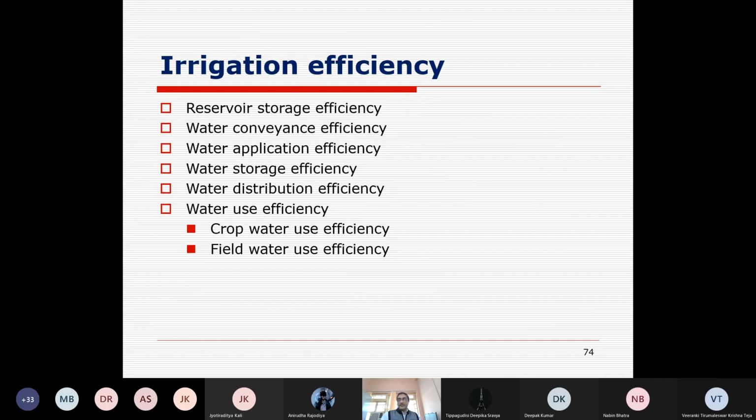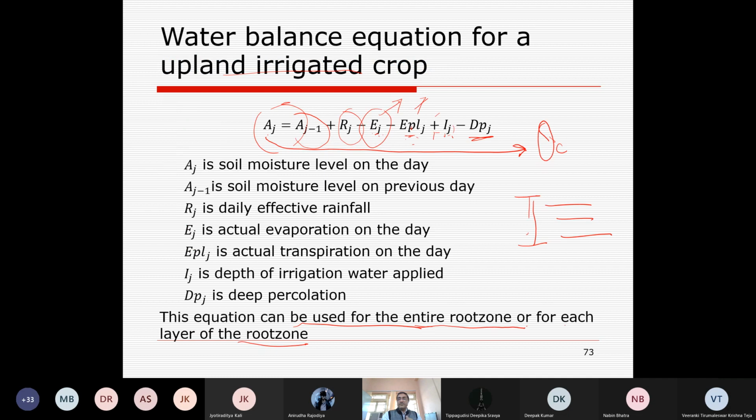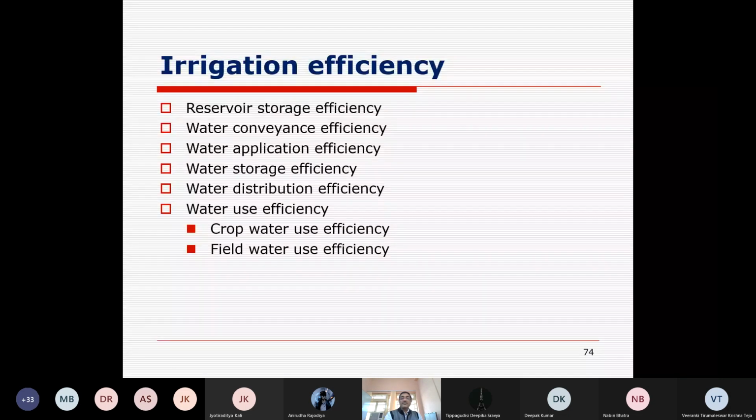Once we have learned that, next we will discuss irrigation efficiency and methods of irrigation. Only two aspects remain. Methods of irrigation is our last, and this is irrigation efficiency.